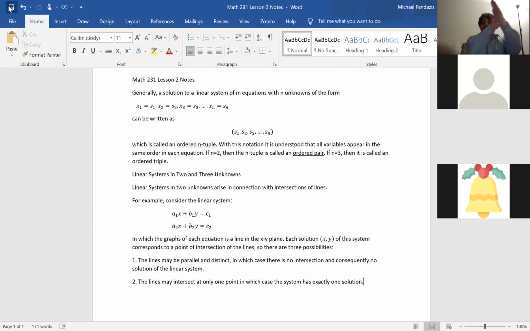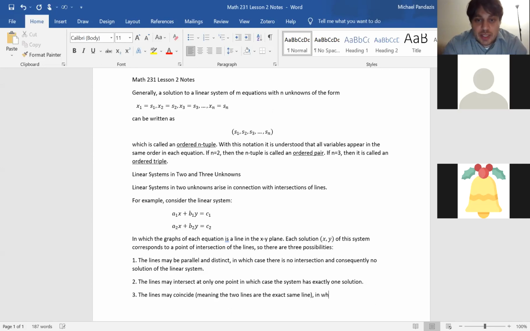That one point represents exactly one assignment of values to the unknowns in your linear system that make both the two equations true. Three, the lines may coincide, meaning the two lines are the exact same line.